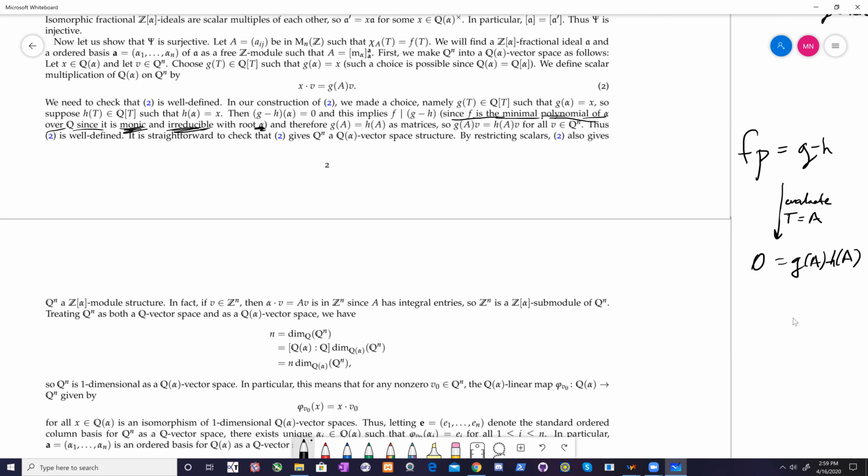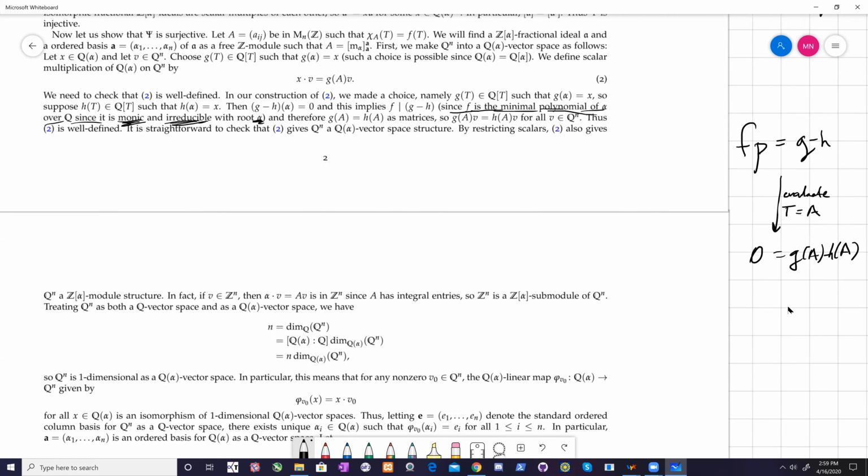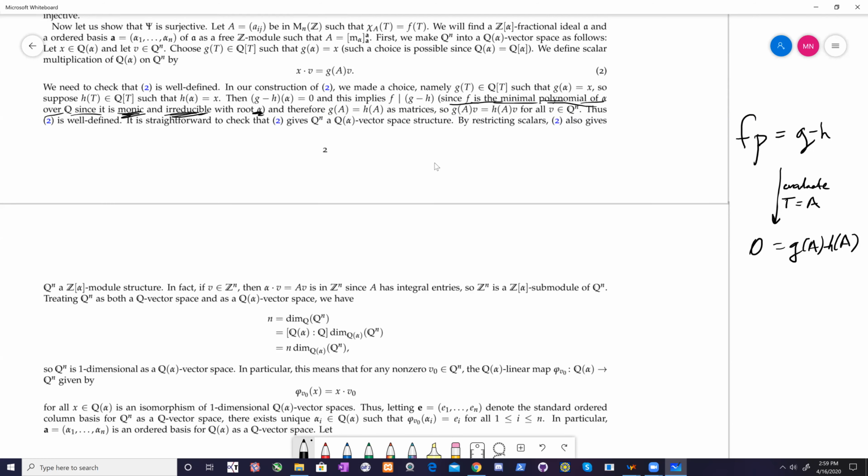And also more importantly, you can pull alpha out of this scalar multiplication map. So actually restricting scalars, considering x not in Q(alpha) but say Z[alpha], this also gives Q^n a Z[alpha] module structure.